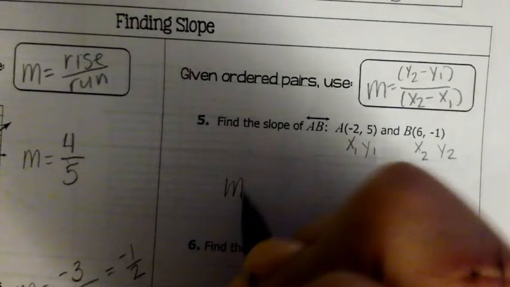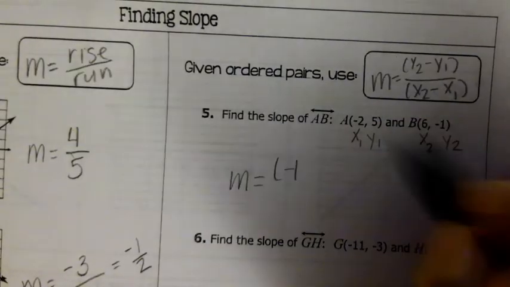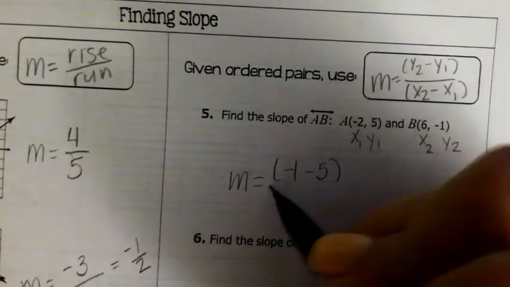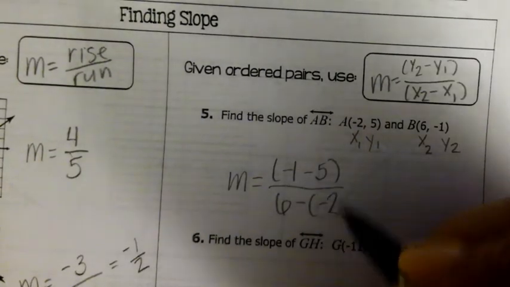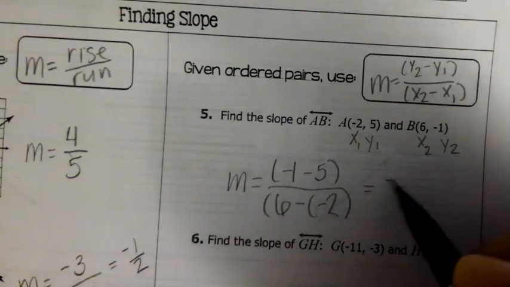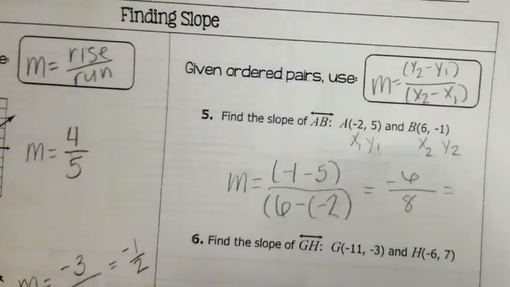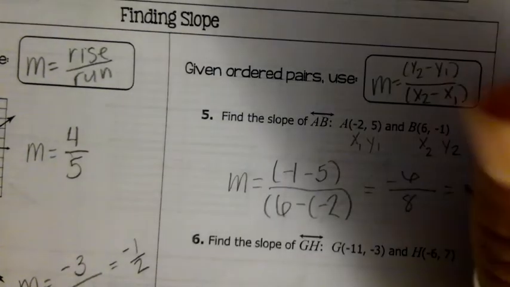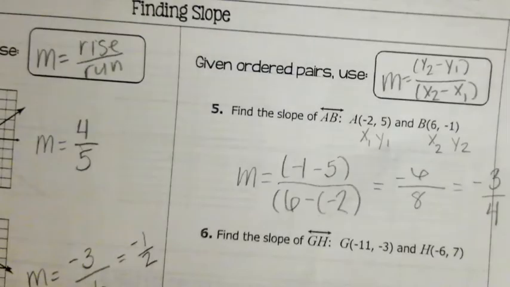In our formula, we're doing our y's: negative 1 minus 5 over 6 minus negative 2. Negative 1 minus 5 is negative 6. 6 plus 2 is 8. We can reduce that to negative 3 over 4.